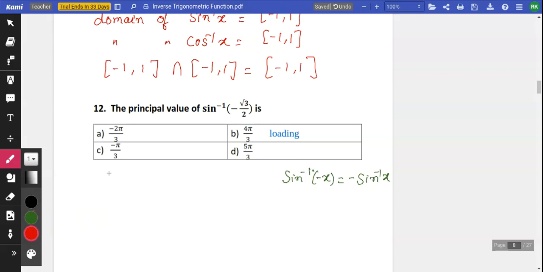So this term can be written as sine inverse of minus square root of 3 by 2 is equal to minus sine inverse of root 3 by 2. And the value of sine inverse of square root of 3 by 2 is pi by 3. So correct answer is option C, minus pi by 3.